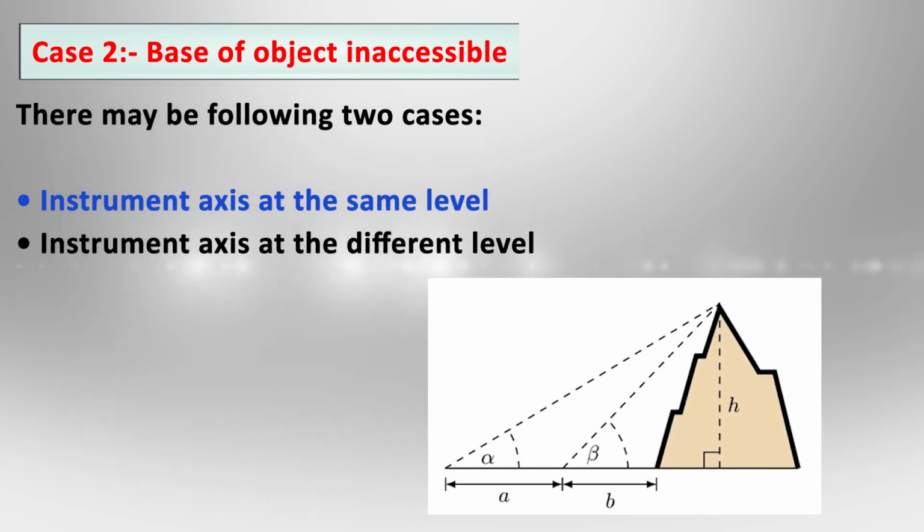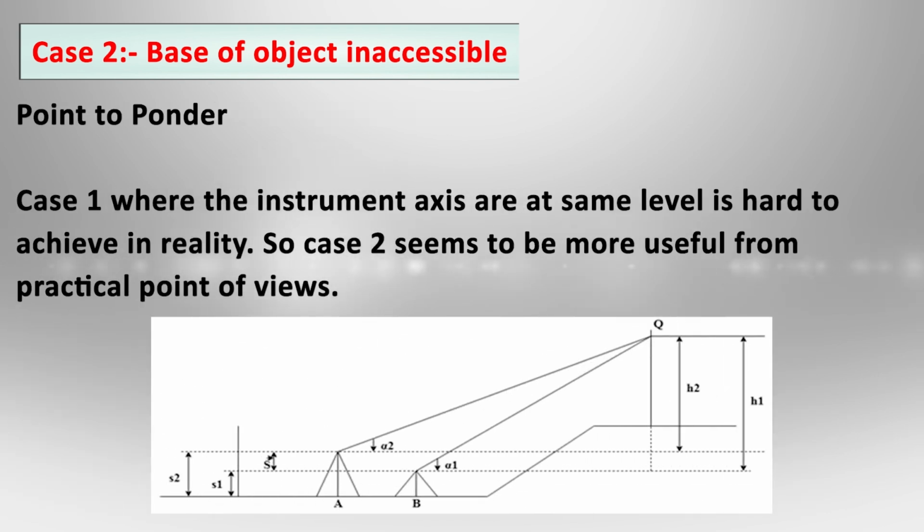We are going to use the instrument twice, and in case 1 the instrument axes are at the same level, and in case 2 they will be at different levels. We can very well understand that case 1, where the instrument axes are set at the same level, is very hard to achieve in reality.